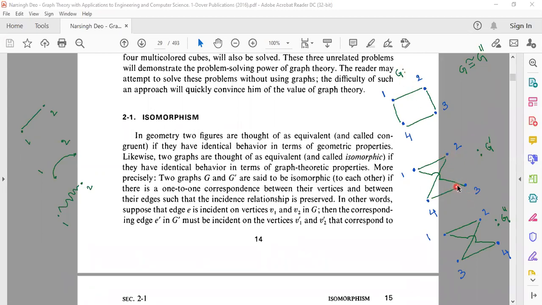But what will happen if I rename the vertices?